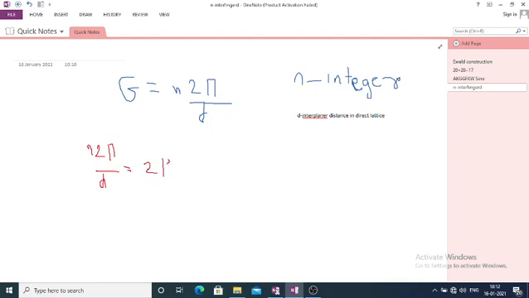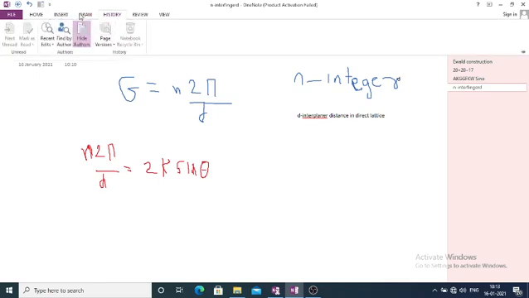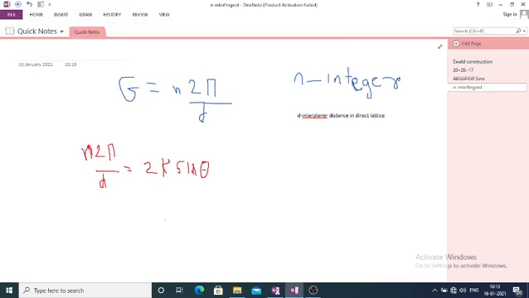So we get n into 2 pi divided by d is equal to twice k sin theta. So the 2 will be cancelled here.